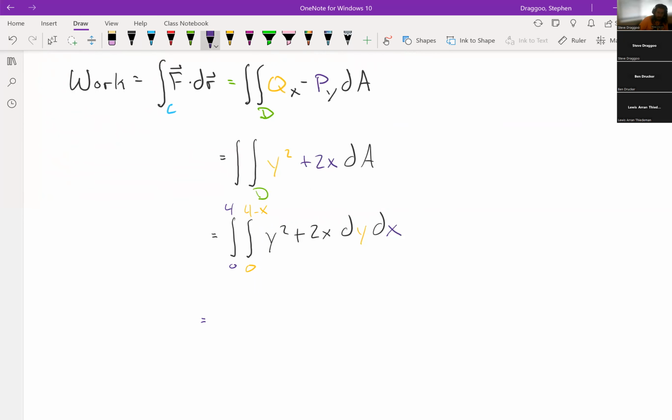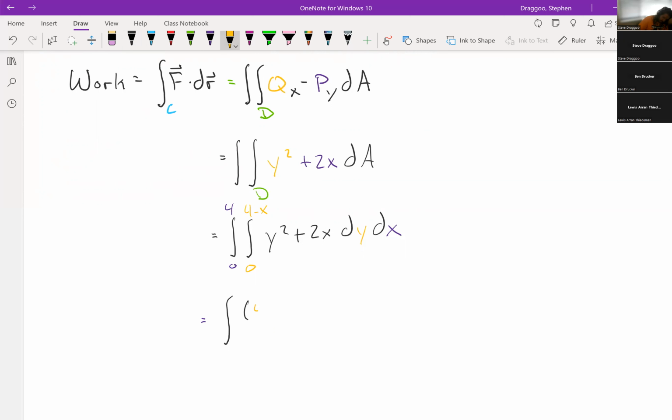So this will be now the single integral. I'm going to do the y integral, just evaluating this thing. I'm going to get y cubed over 3.